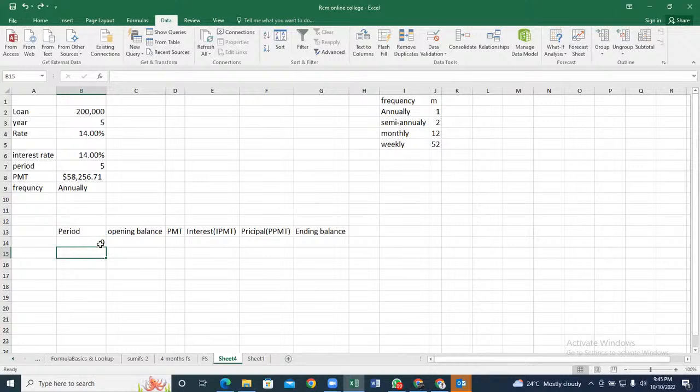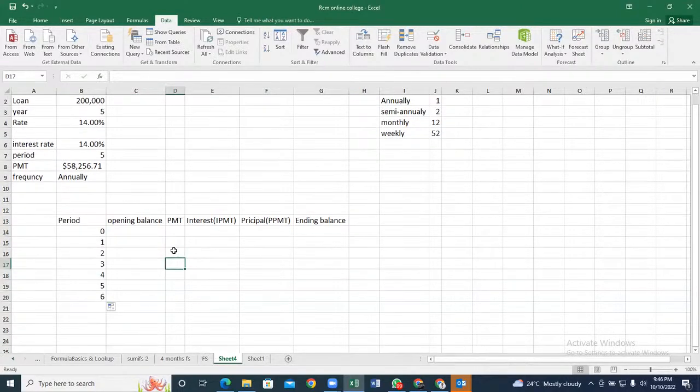Just have 0, or just do the series fill of these numbers 0 to 6. Have 0 to 6. So some people will be doing this, but I believe you now know the shortcut of doing the numbers.